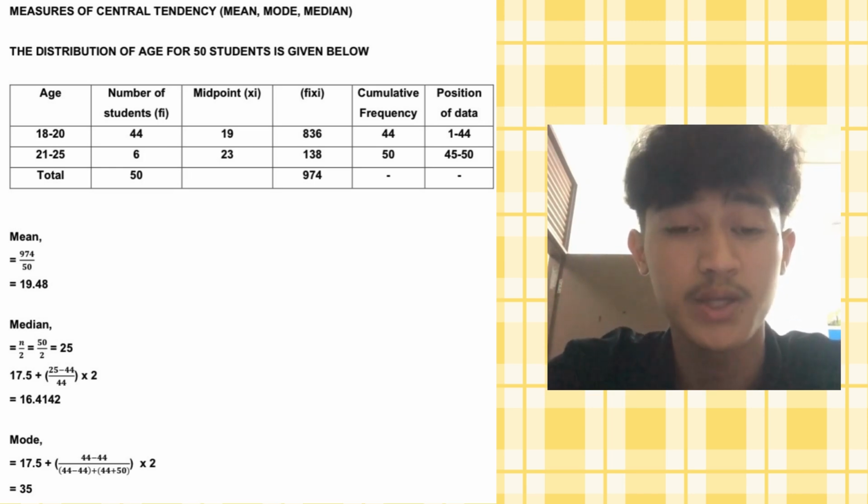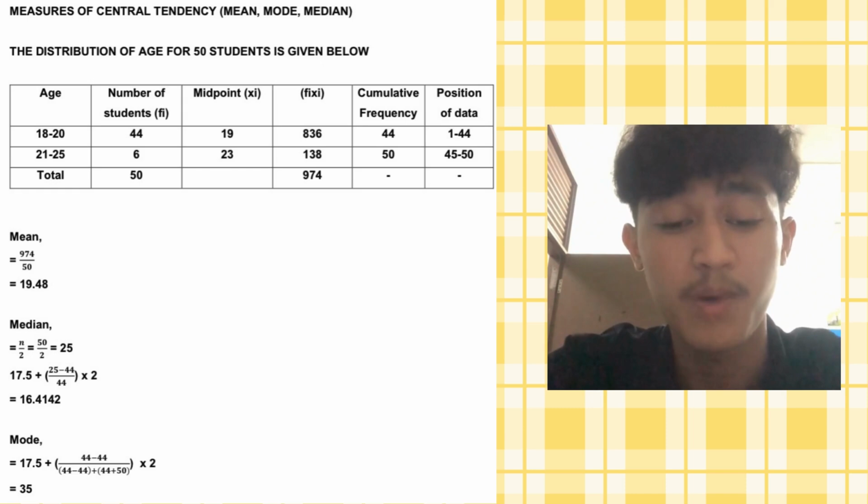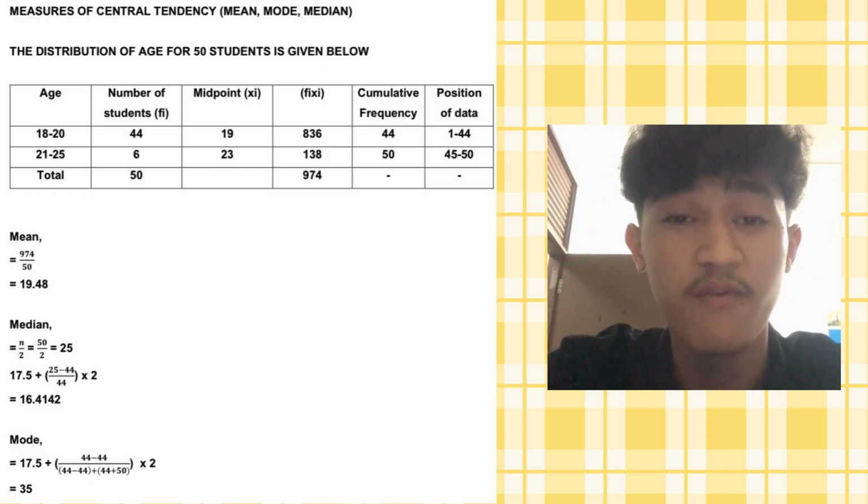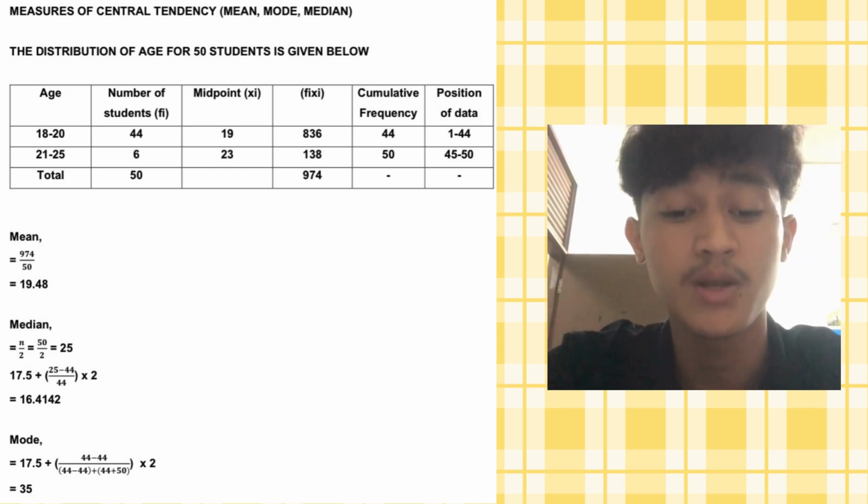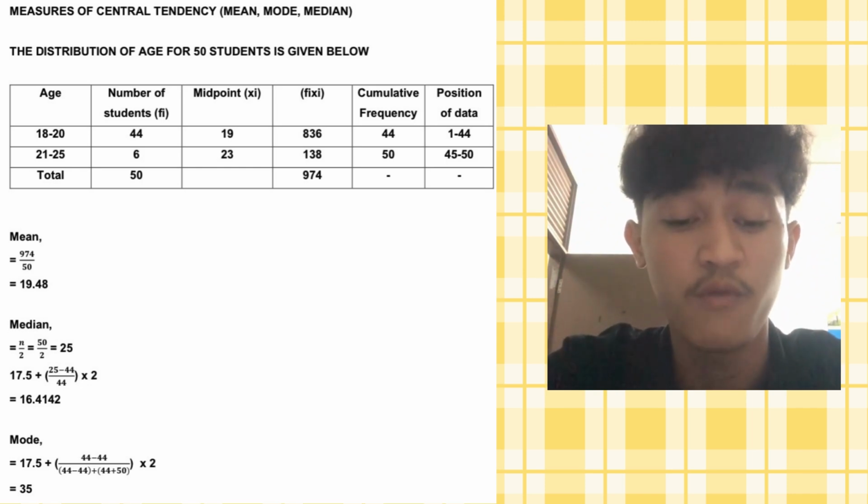For the calculation, mean 974 over 50 equal 19.48. Median n over 2 equal 50 over 2 equal 25. 17.5 plus in bracket 25 minus 44 over 44 times 2 equal 16.4142.